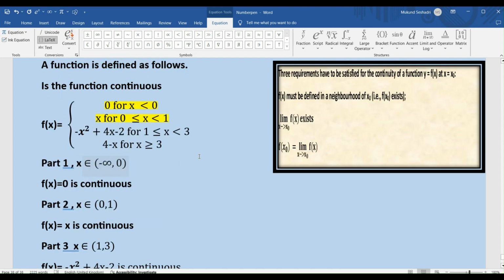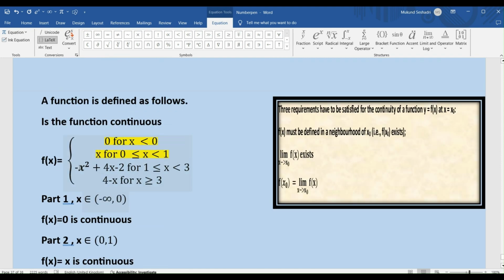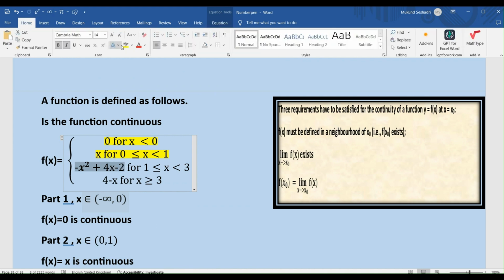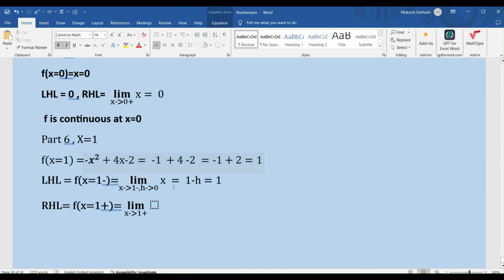And what is the function it takes? It takes this function, minus x squared plus 4x minus 2. So I'm going to put that out here. And what is my limit?